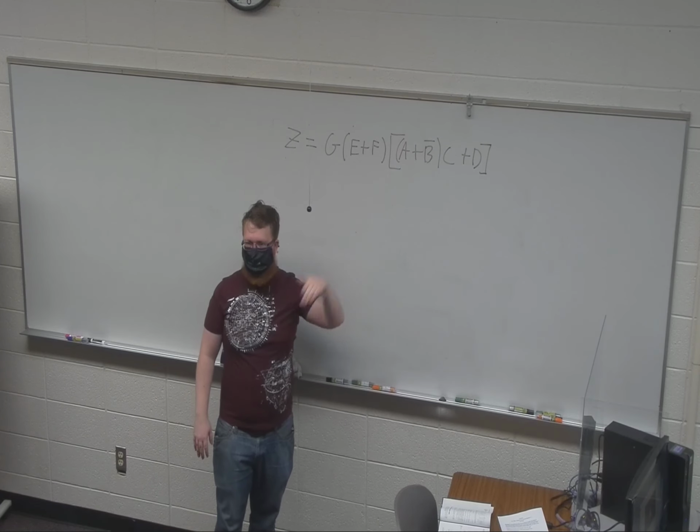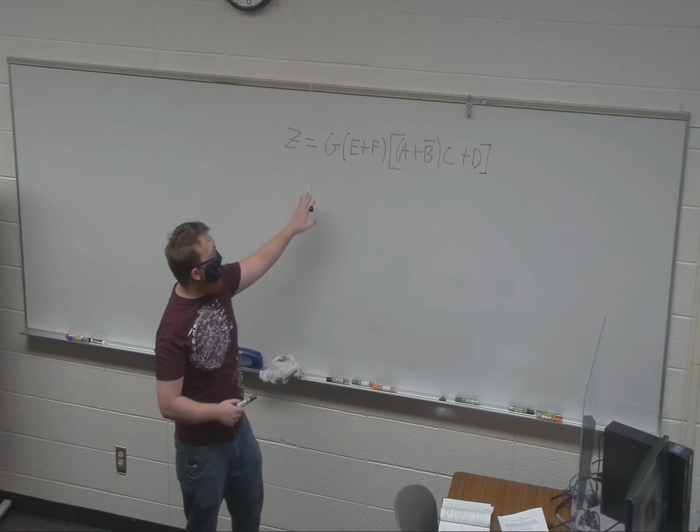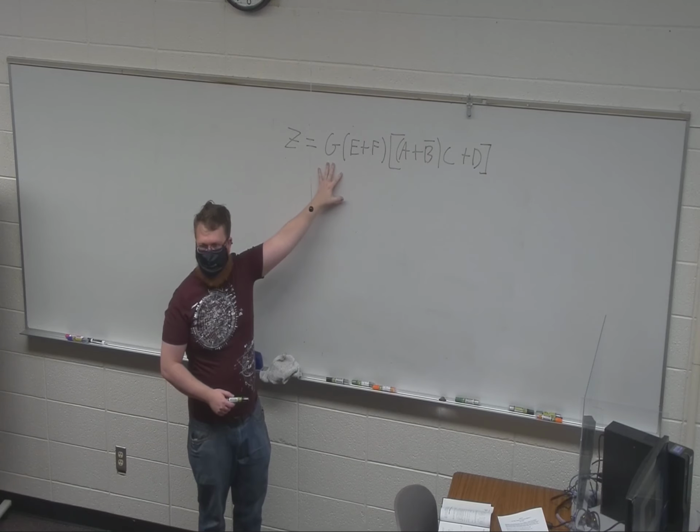We're going to get sum of product or product of sums, which are AND OR gates. So what we can see pretty quickly is, can anyone tell what the output gate of this is going to be?